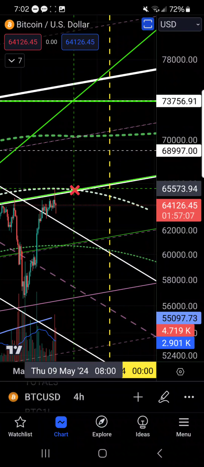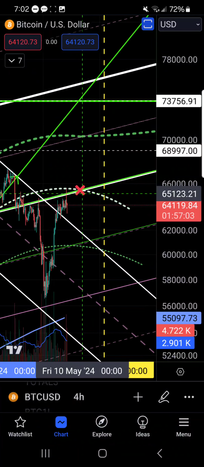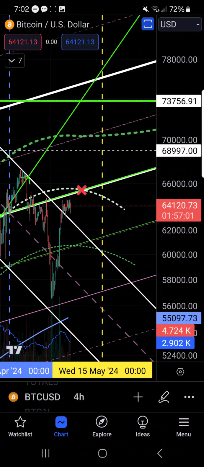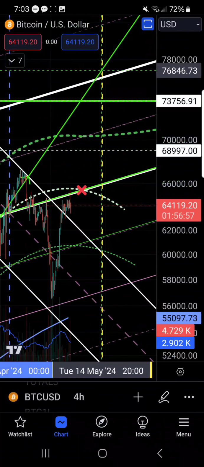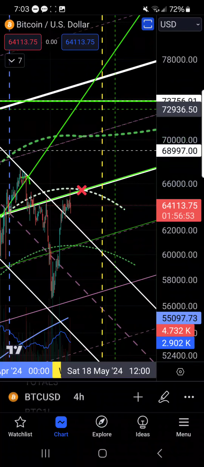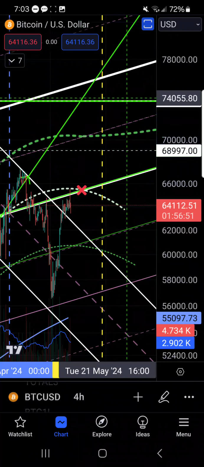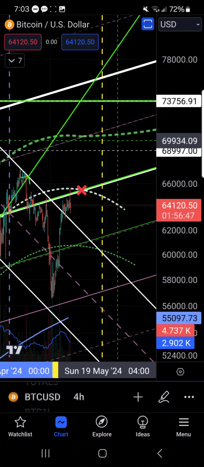And oh, so remember this X here, X on Thursday. It's where our white channel... Now I went over this in the last video and many other videos. This white channel is very essential, significant in relation to when we start our parabolic bull run.